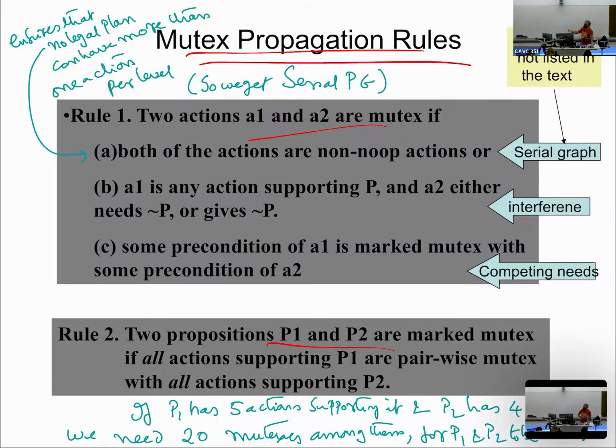So then you say, why don't you just propagate n-ary mutexes? If you propagate n-ary mutexes, then you are essentially solving the full-on planning problem many times over. It's not any longer a heuristic. N-ary mutexes will give you a perfect heuristic.